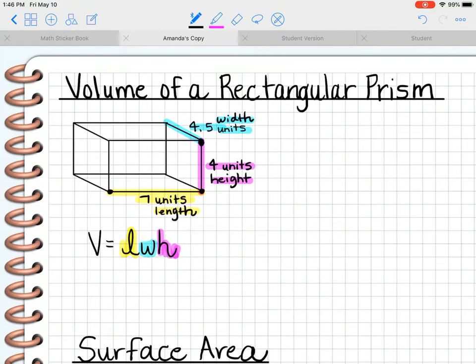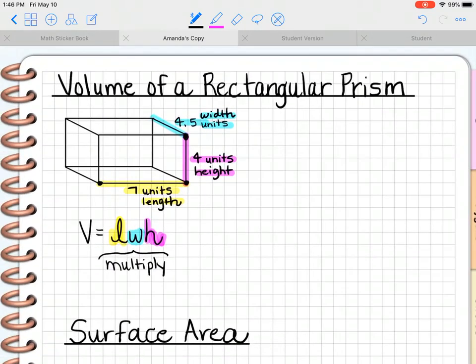So here's what the formula says. If you want to know the volume, you multiply the length, width, and the height. Let's work this math problem since we have some numbers. Write the formula. That's so very important.